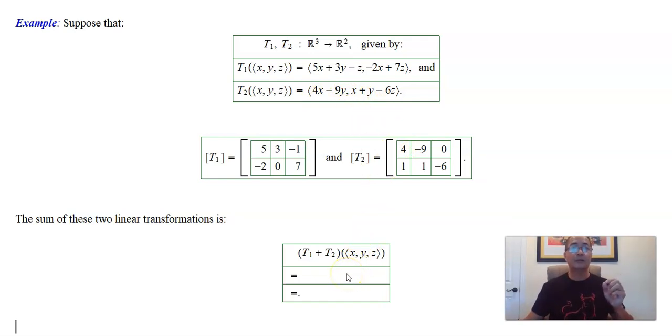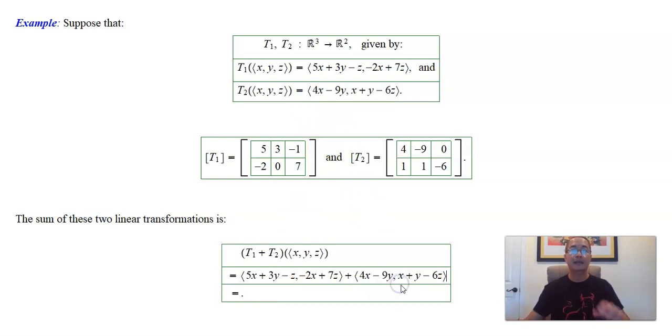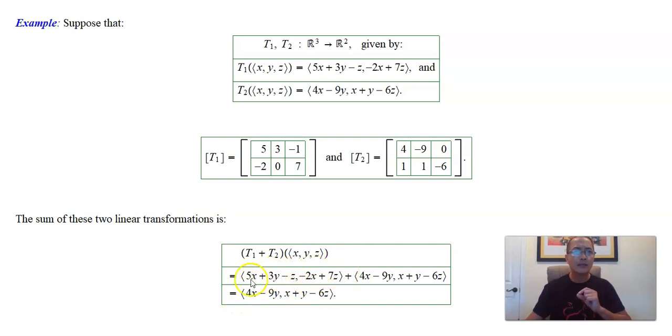Let's find a formula for the sum of these two linear transformations. Okay, so the definition said all we have to do is take the output for each transformation and add them together. So we're just going to add those two output vectors together. What do we get? 5x plus 4x is 9x. 3y minus 9y, so minus 6y.